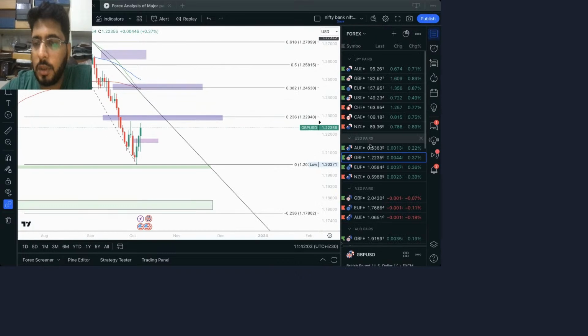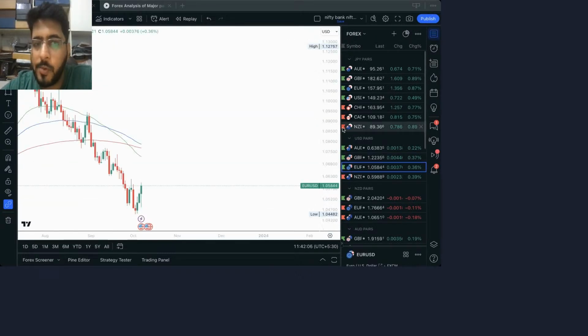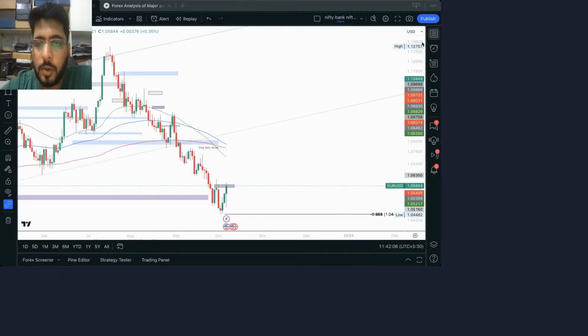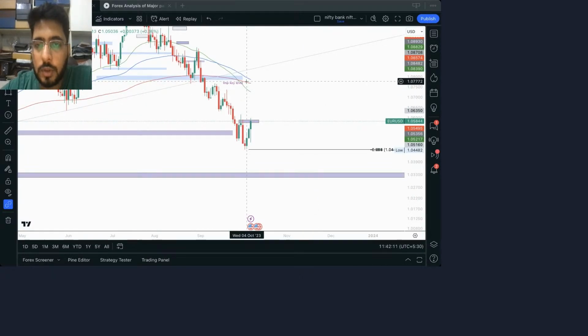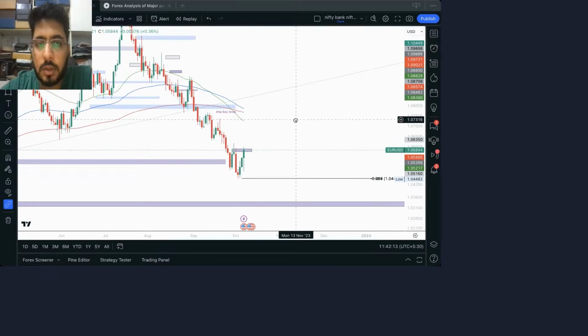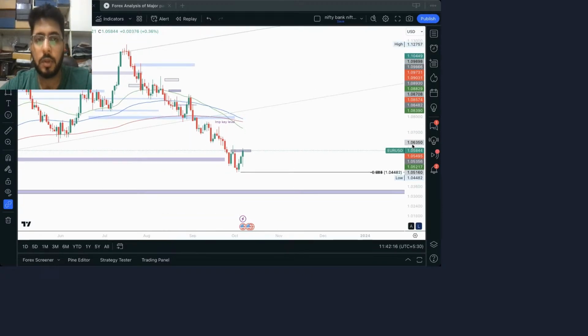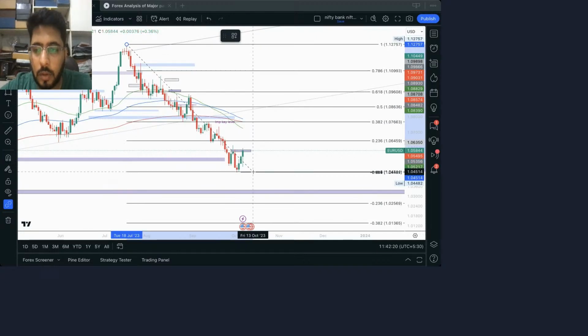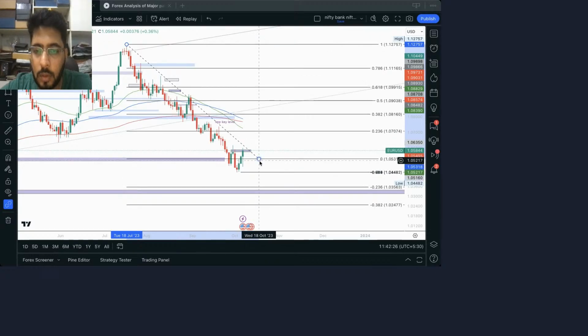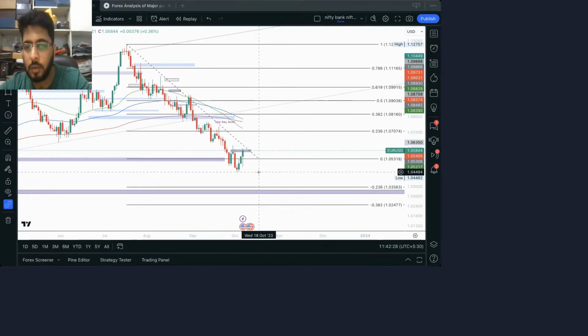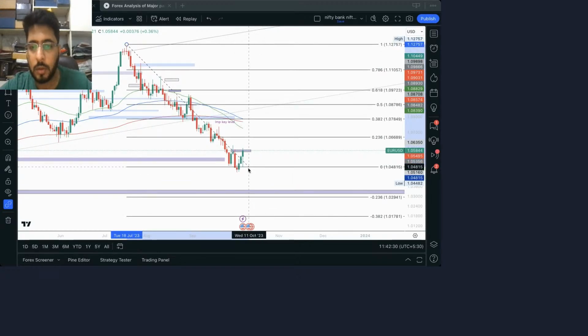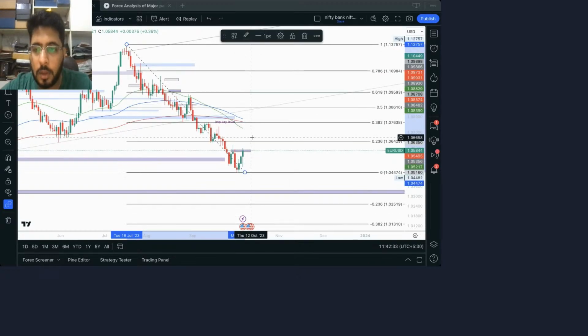And if we see EU, so this is again intersection, and from here, let's draw the fib. Okay, so this is again 38 fib at EU as well.